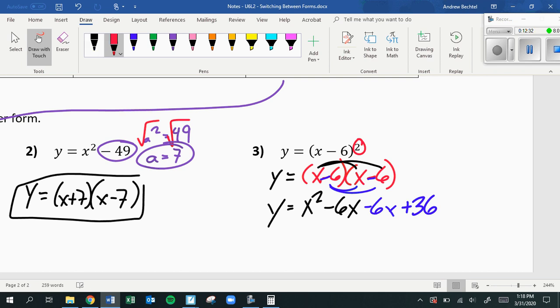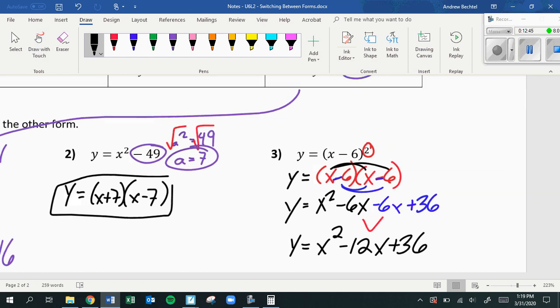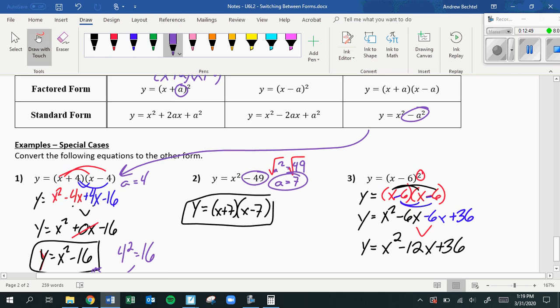We'll combine like terms here in the middle. And so we get y equals x squared minus 12x plus 36. If we look back at our rule, in the middle column here, this holds up.